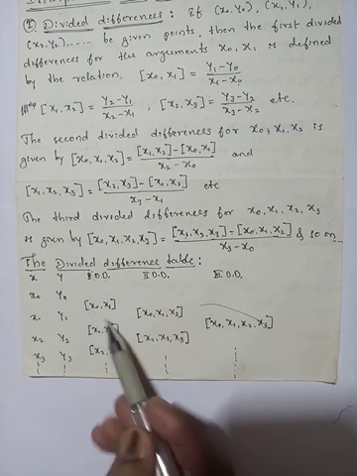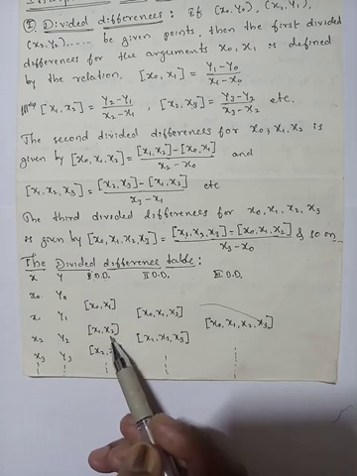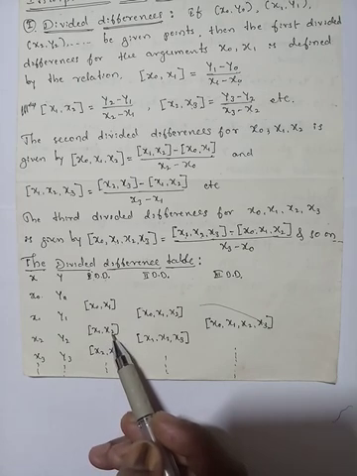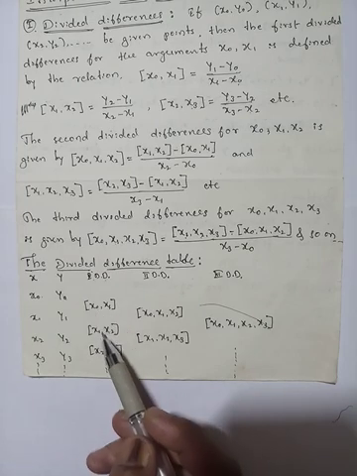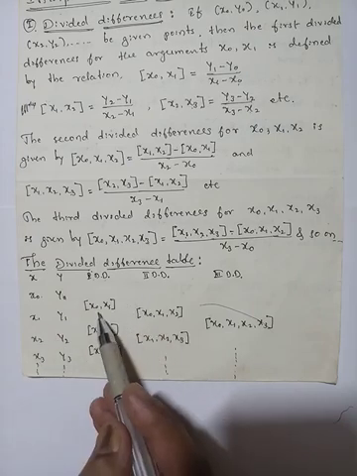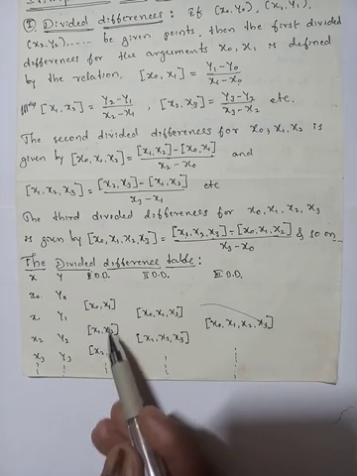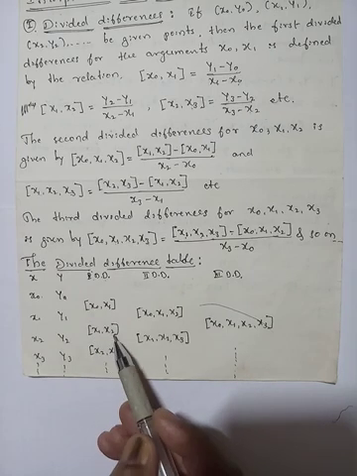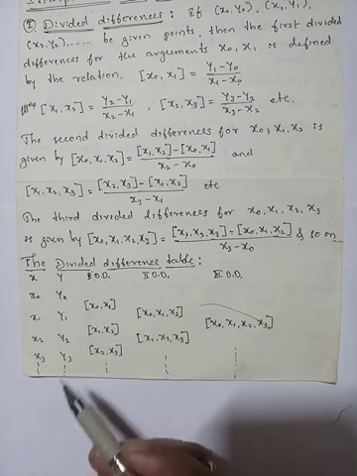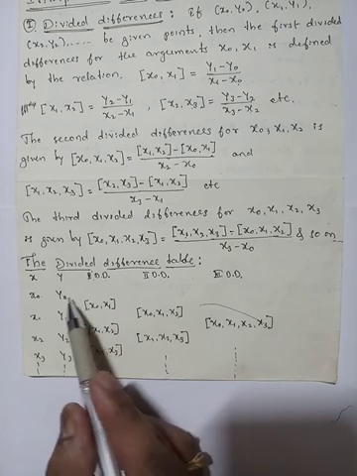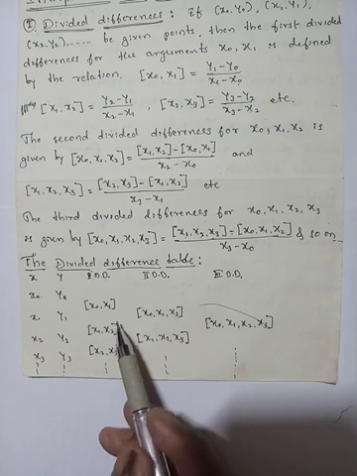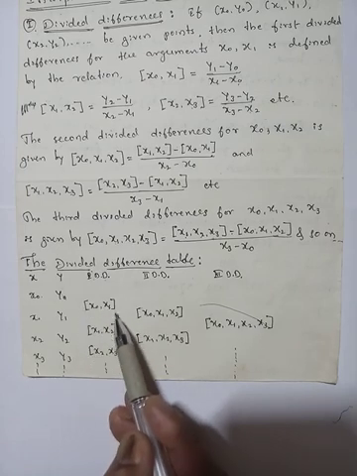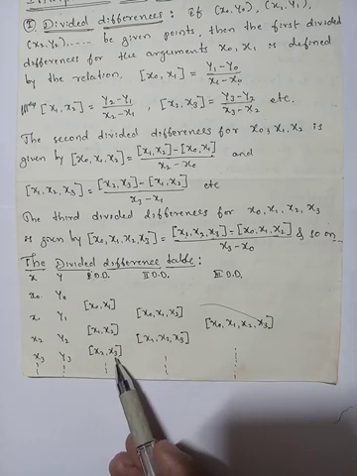Here, just one point you please remember: in the table where we are using the notations, it is very easy to say that the difference in the denominator is x2 minus x0, but when there are numbers, we are not using notations.